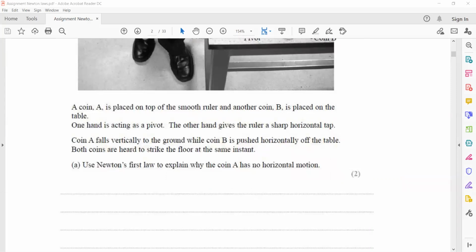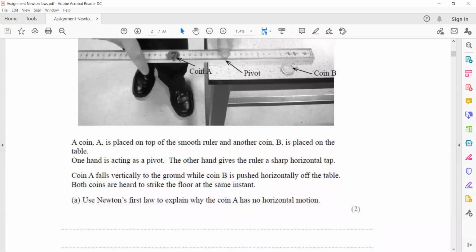So according to Newton's first law, because initially the object was at rest, when it is at rest, there is no horizontal force. Vertical forces are there because the coin is stable.